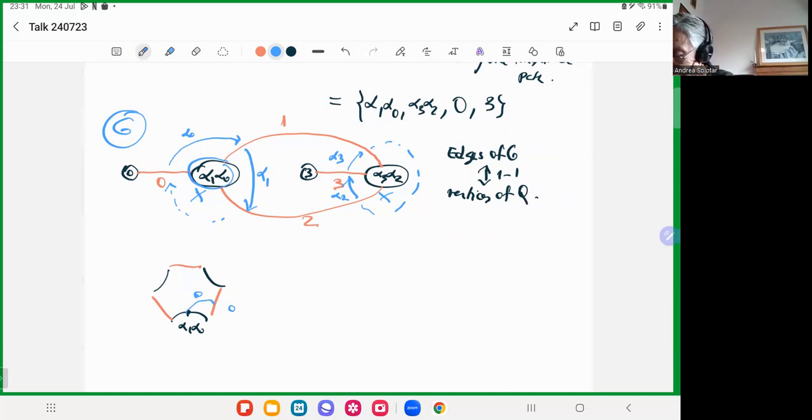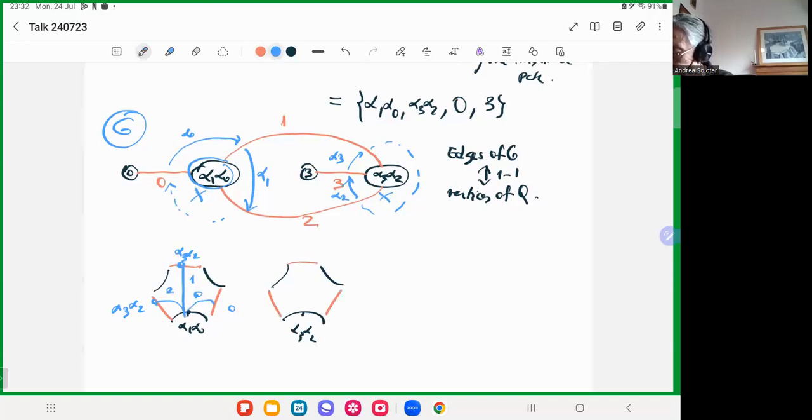So I'm looking at the graph sheet 1, that goes to alpha 3, alpha 2, and 2, that also goes to alpha 3, alpha 2, and I am going to glue these two together, okay? So this is for this vertex. For the other one, for alpha 3, alpha 2, it also has 3 adjacent edges.